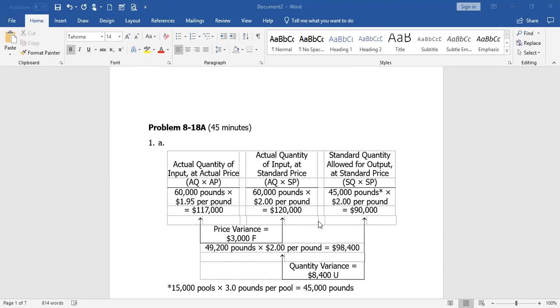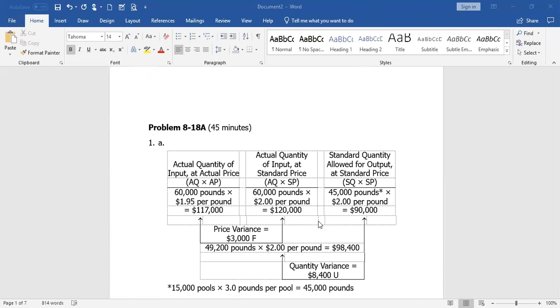So the difference in pricing caused a $3,000 favorable price variance. And you can see that we paid less money than we expected. So the difference in price in these two calculations would be favorable.